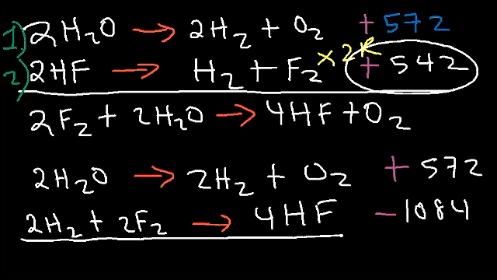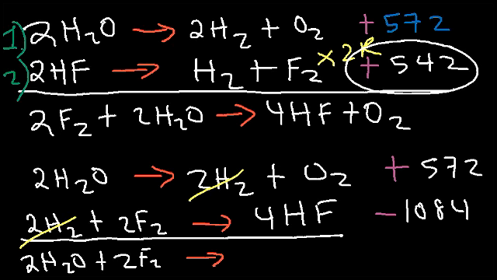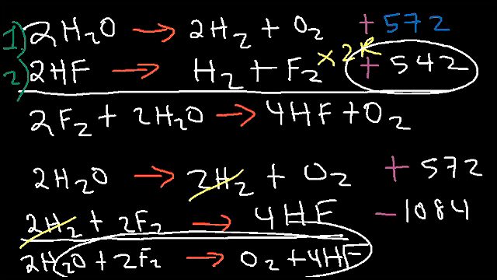So the first thing you want to do is identify what cancels. Hydrogen gas cancels. Now we have water and F2 on the left side. So that's going to be in the left side of the net reaction. And on the right side, we have O2 and HF. So notice that this is the same as the reaction that we want.